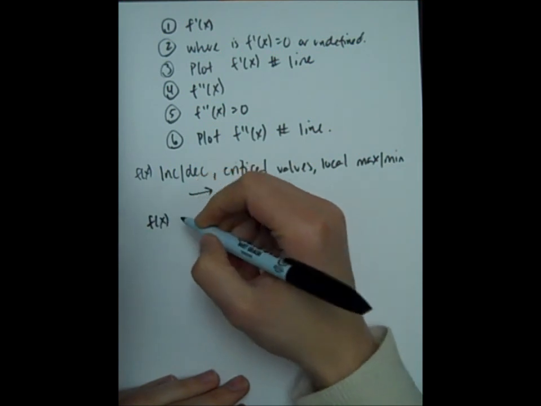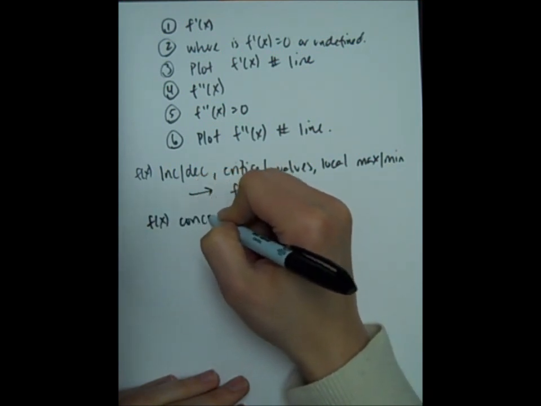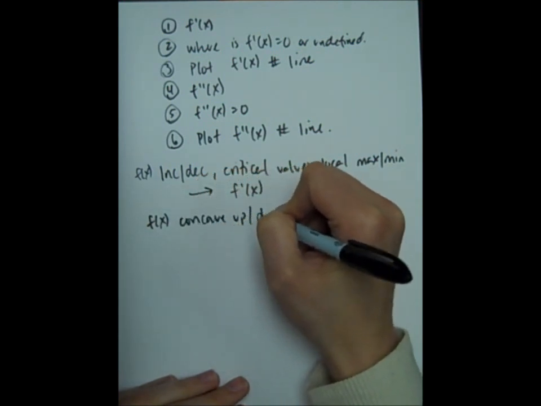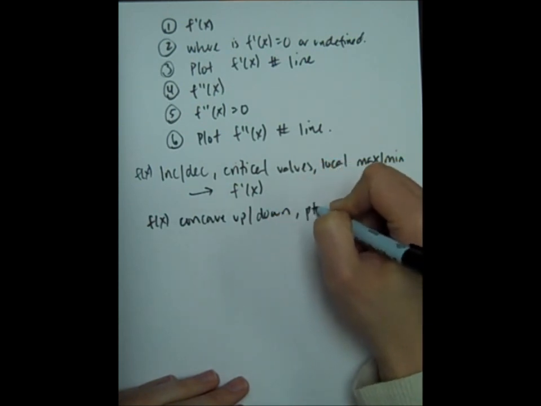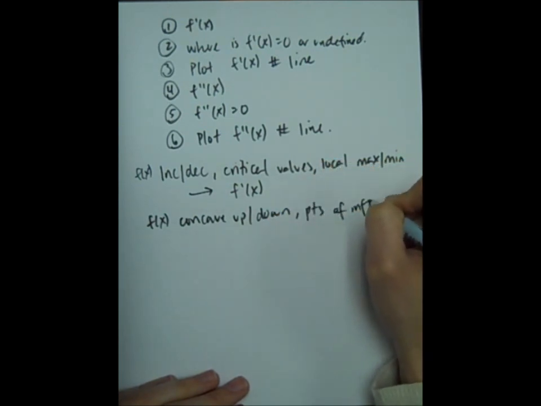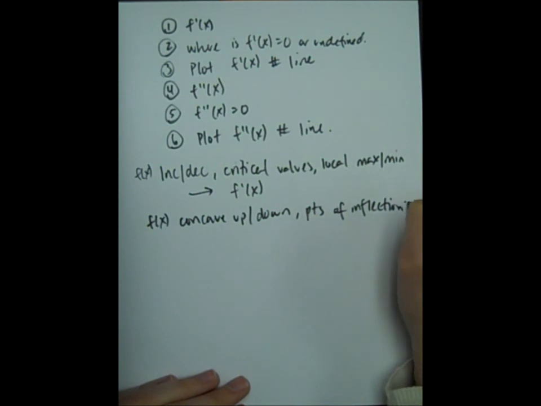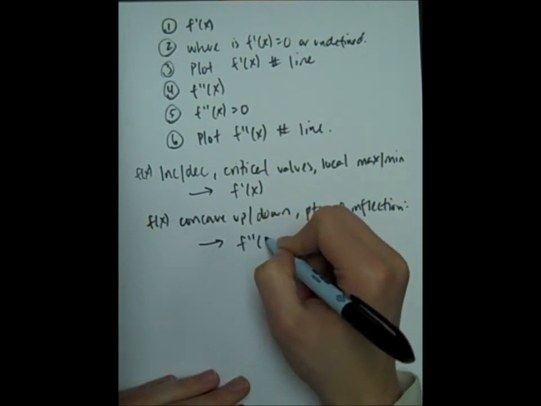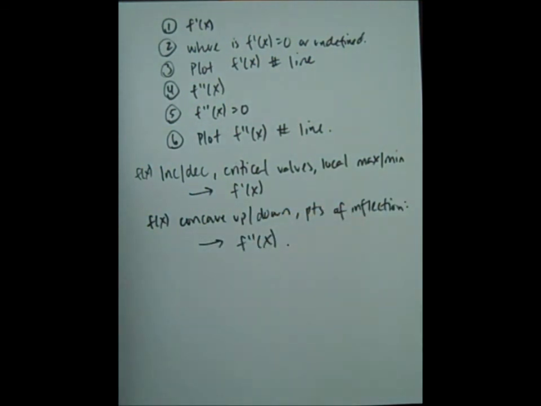If you're talking about f of x being concave up or down, or points of inflection, all of these look to the second derivative. So from those, you should be able to get everything. And in the next section we're going to talk about how to use this to actually plot a graph. But if you can do these two number lines, you'll be able to plot a graph, no problem.